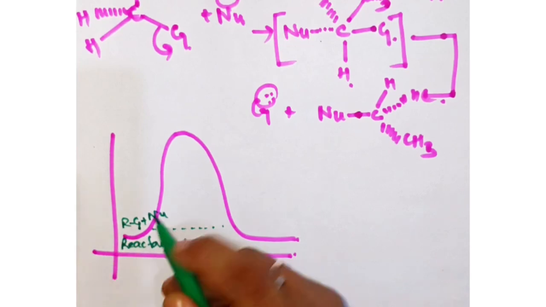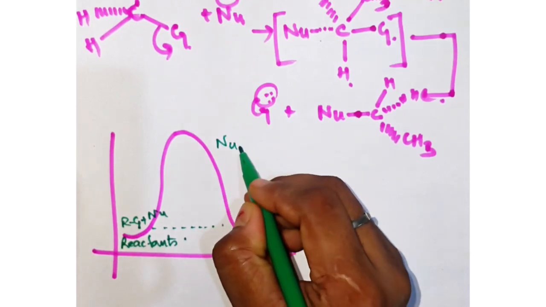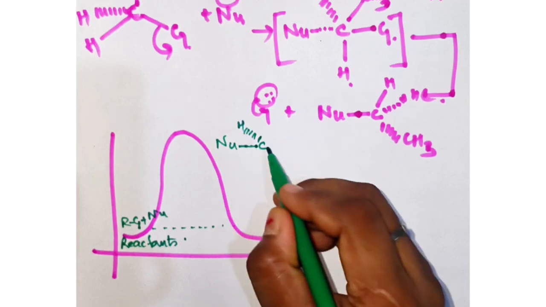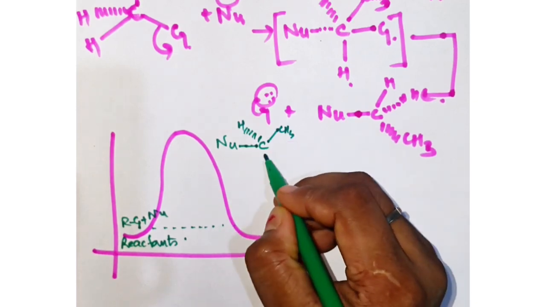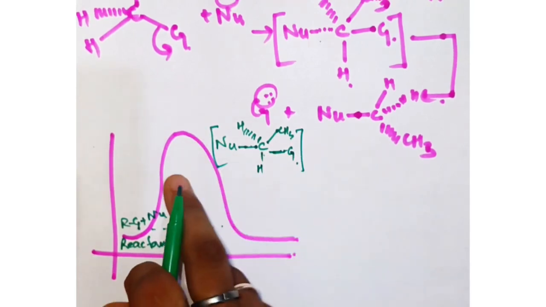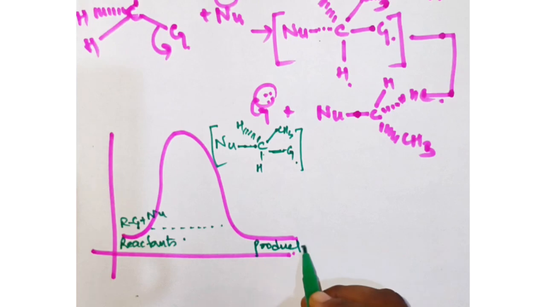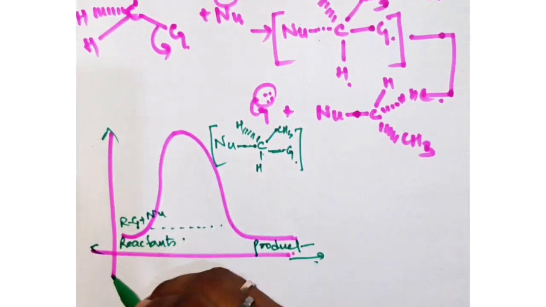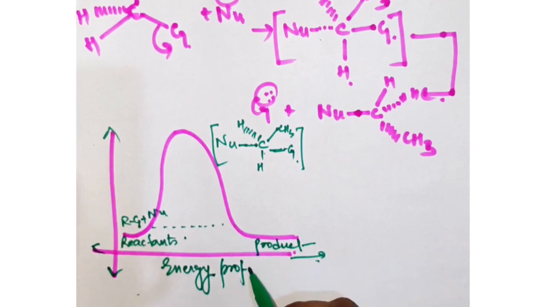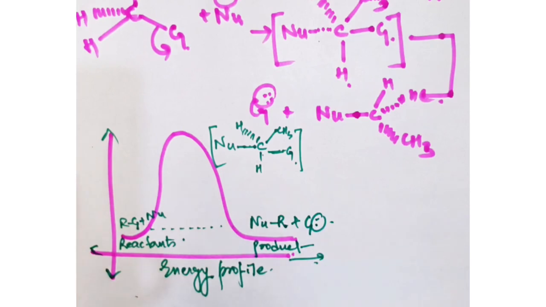Then energy rises when it forms the transition state, that is, the transition state contains partially broken bonds. Okay, so this is the highest energy state, and when the product forms, then again the energy is lowered. So this is the energy profile. Here, this is the product, right?